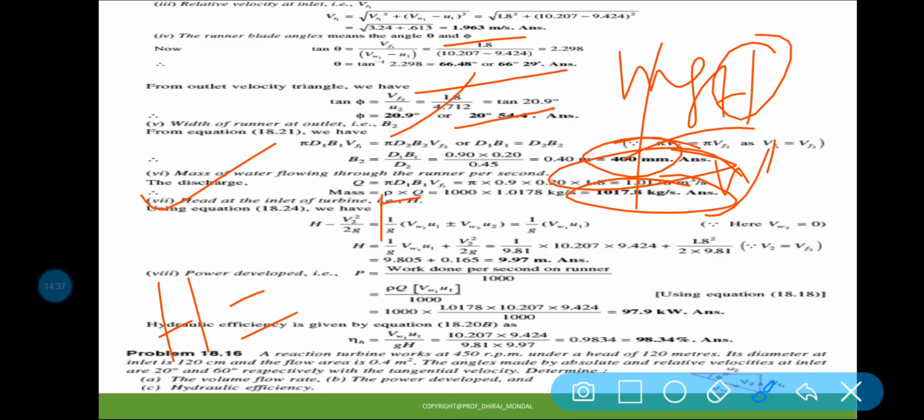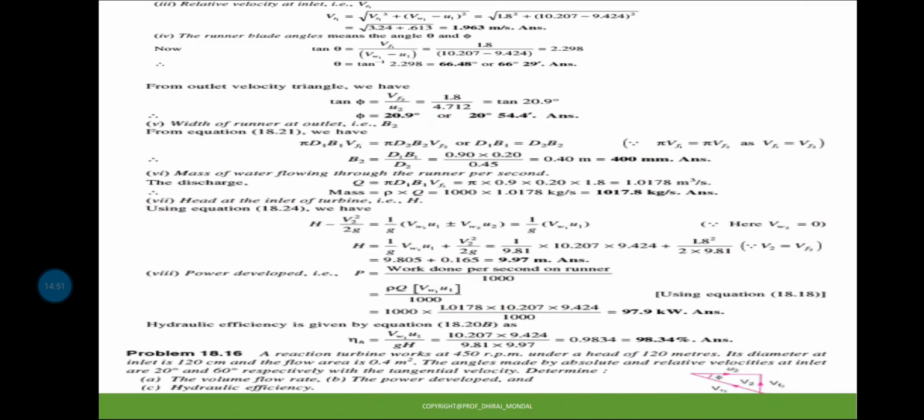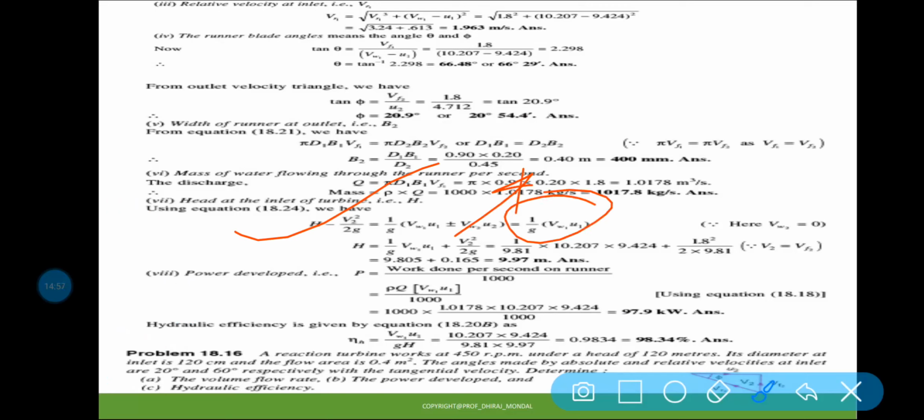So work done per unit weight is 1 by g, VW1 U1 plus minus VW2 U2, plus kinetic head at the outlet V2 square by 2g, isn't it? So that is written here. As beta is your 90 degrees, it is 1 by g VW1 U1. So put the value, you know all the values, you will get the answer 9.97 meter.